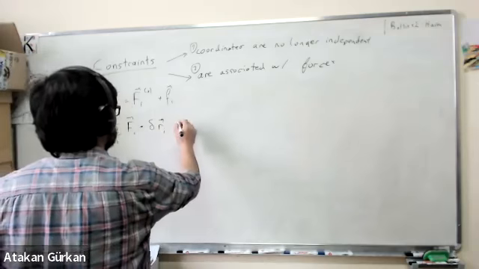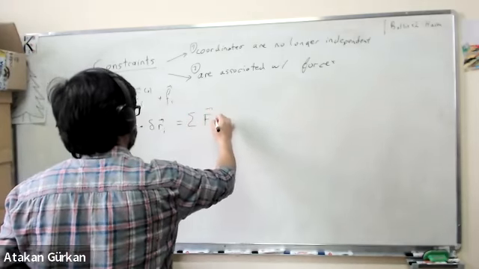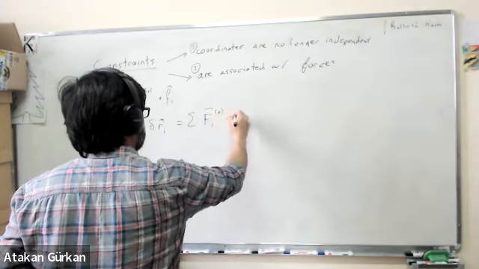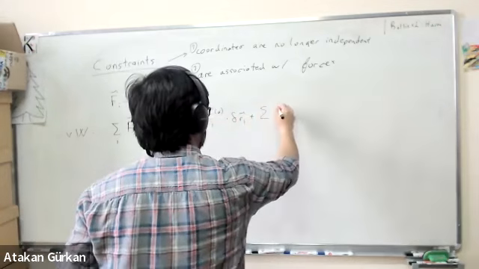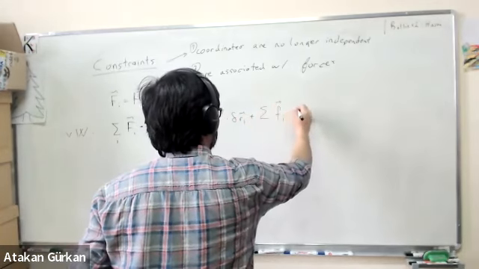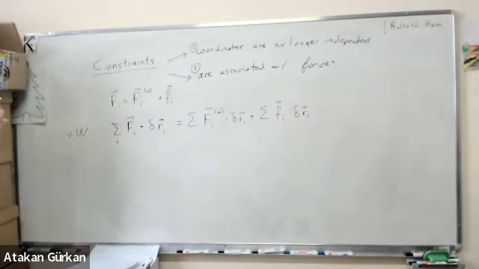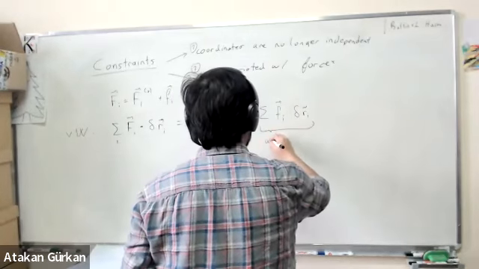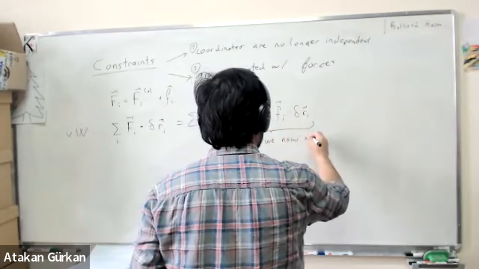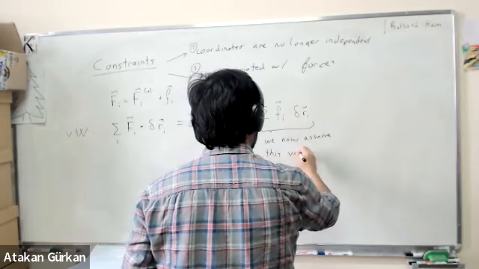And just substituting this in, I'm going to have Fi applied dot delta Ri plus small fi, the constraint force, dot delta Ri. Now we assume that this is 0. This just vanishes.